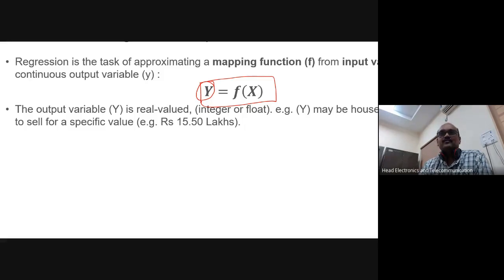For example, y may be some house price in rupees, say 15 lakhs, 14 lakhs, whatever it is. So this is the outcome y. Suppose x can be the area of the house and y the cost of the house. Given some area, you must be able to find the cost of the house. So this is a kind of prediction.